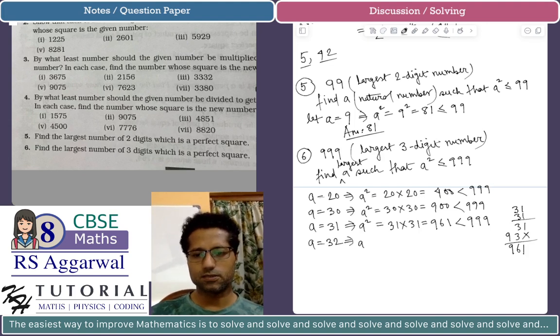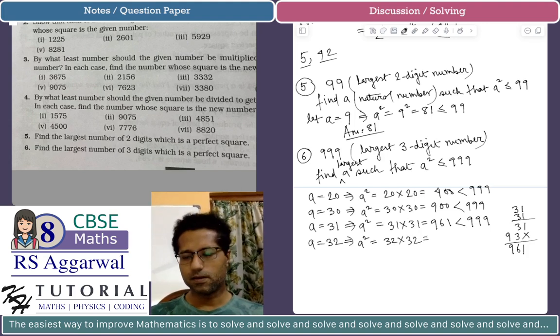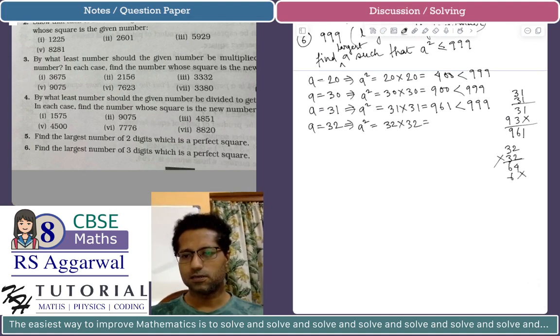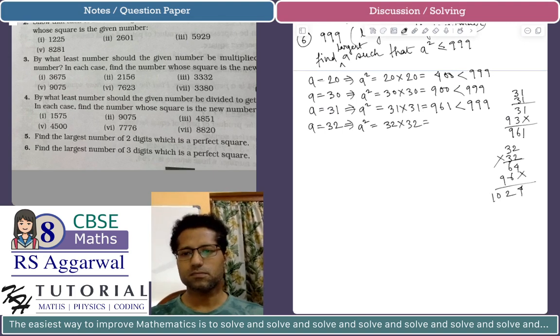This means a square is equal to 32 into 32, which is 1024. No, it is crossing. 1024 is becoming greater than 999.